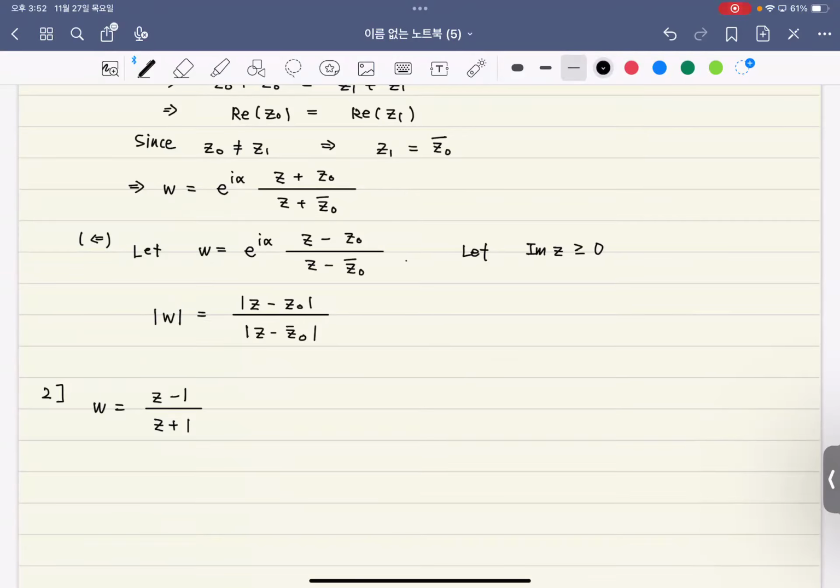Okay, so let me try to consider this guy. Interestingly, this example has four coefficients A, B, C, D, and they all turn out to be real numbers, not complex numbers. If the coefficients of the linear fractional transformation are all real, then a very interesting thing happens.